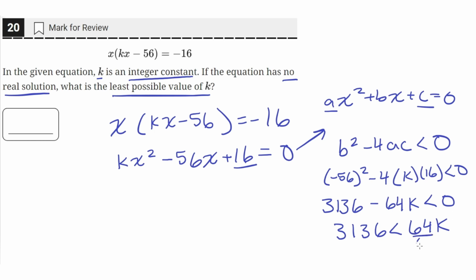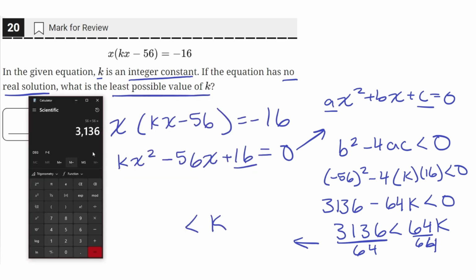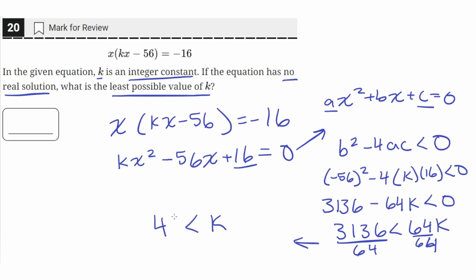Then let's divide both sides by 64 to get k isolated. So when we divide both sides by 64, we'll be left with just 1k on the right side, and then we'll have to do this division in our calculator. So 3,136 divided by 64 equals 49.